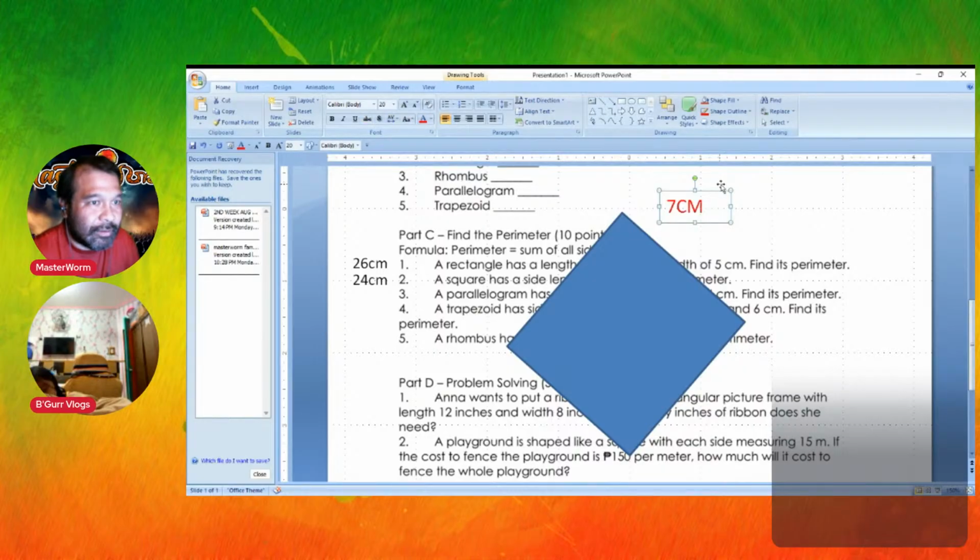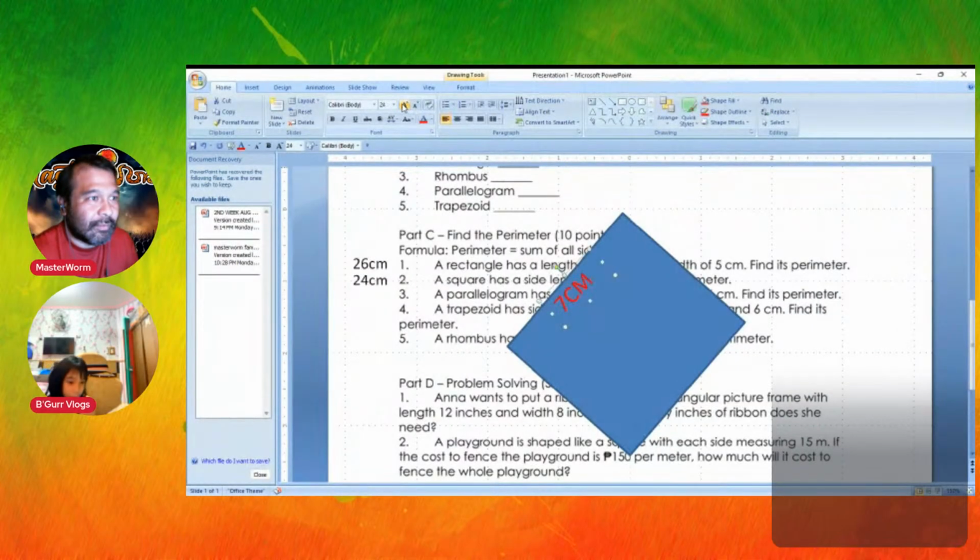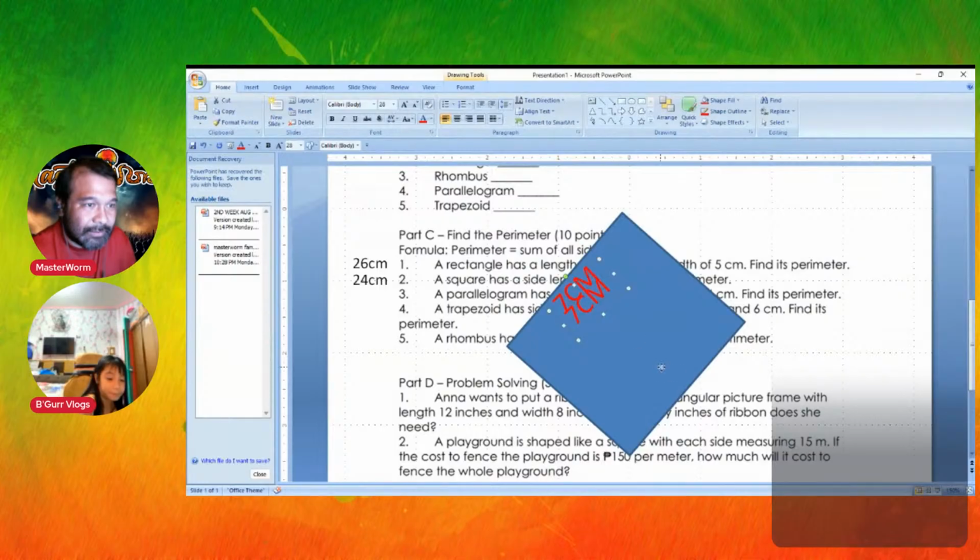Baby, this is how it looks like. It says here 7, like this. You get it? And then the other side here, 7 also. And then the other side is 5 because that's the question there.